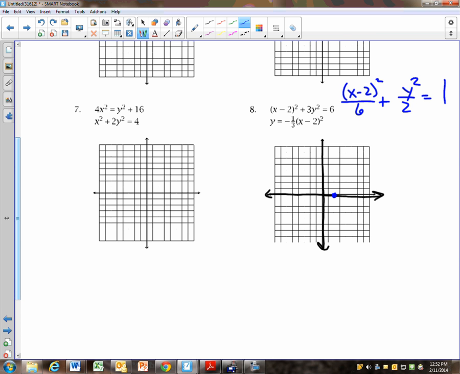Let's stretch it. How far in the x direction? The square root of 6, which is about 2.5. How far in the y direction? Square root of 2. It's like 1.4. So that's a nice little general sketch of my ellipse.